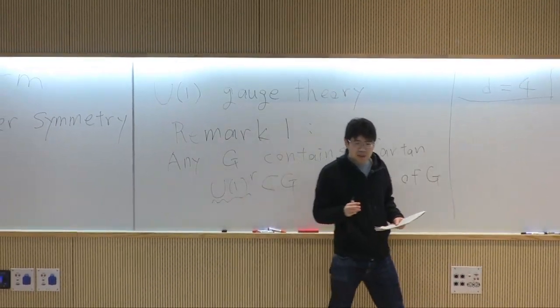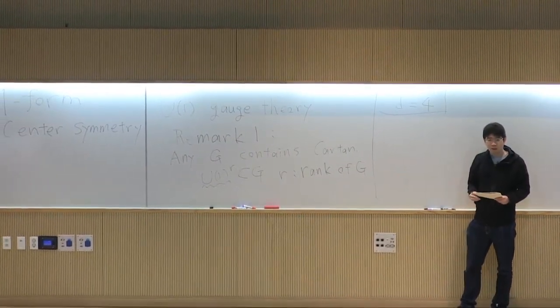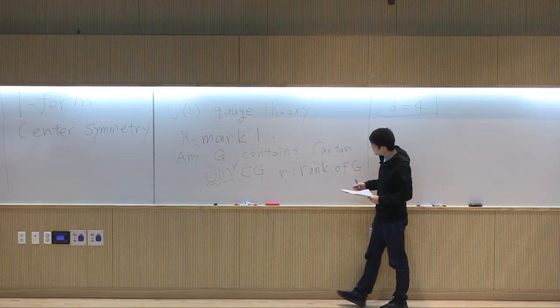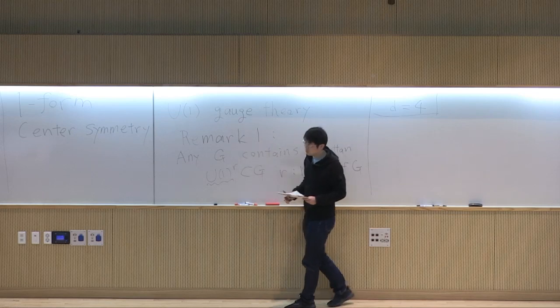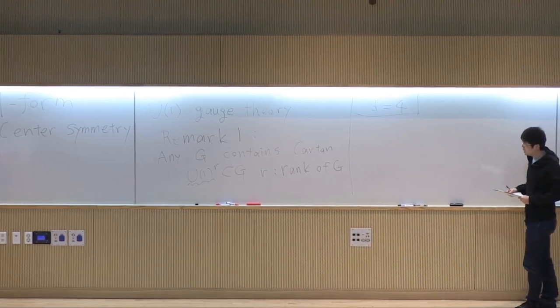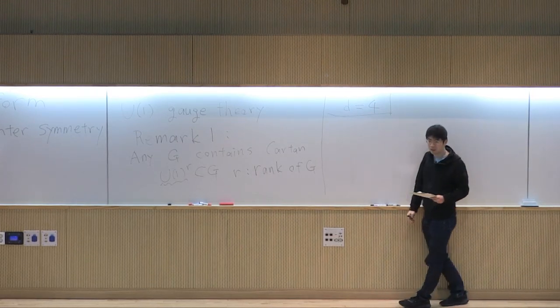Because in 3 dimensions there is no perturbative anomaly, we have to use some global anomaly in 3 dimensions. Then one-form center symmetry is really very important in the study of 3 dimensions. But in today's lecture, I just focus on the 4-dimensional gauge theories.